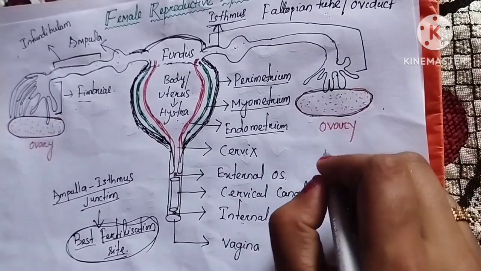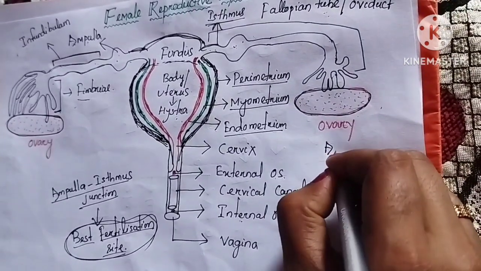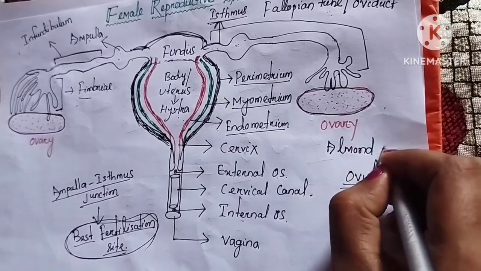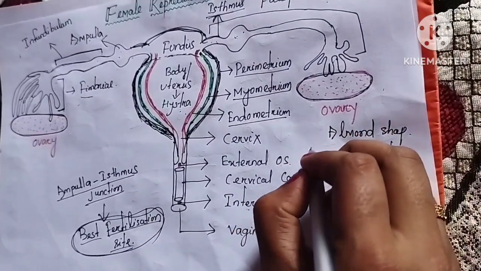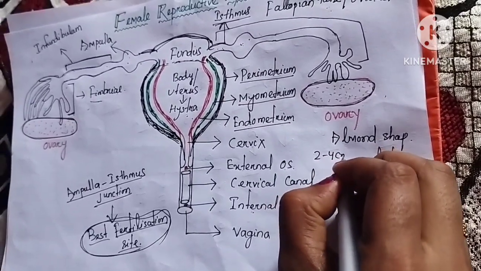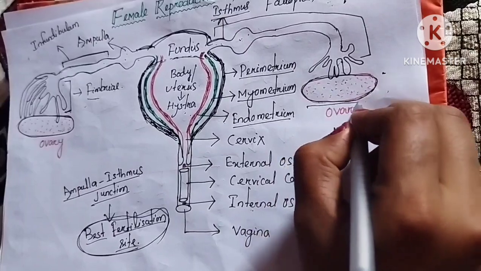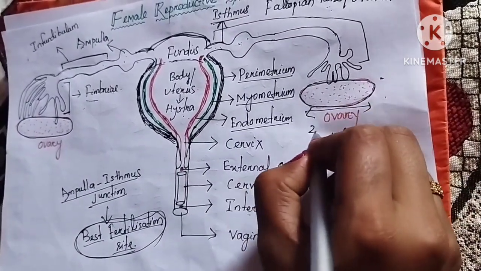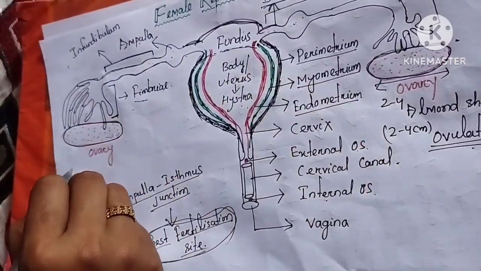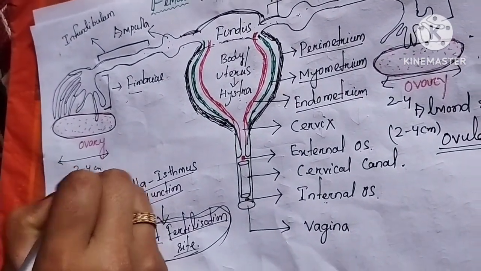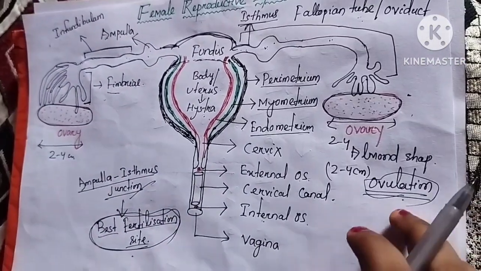The ovary is almond shaped, 2 to 4 centimeters long.